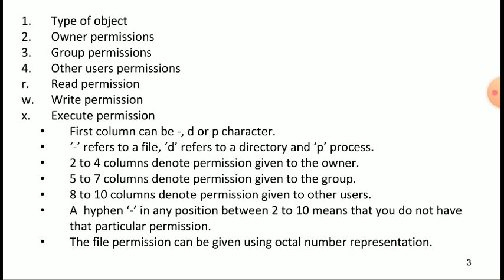Columns 8 to 10 denote permissions given to the other users. A hyphen in any position between 2 to 10 means that you do not have that particular permission. File permissions can also be given using octal number representation. Octal means 0 to 7 numbers, that is the octal number system, and the base is 8.